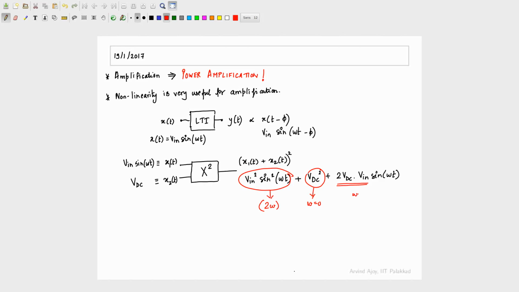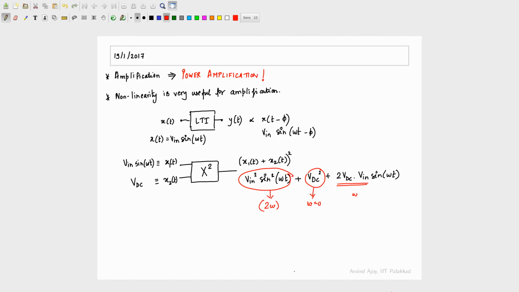You will notice that sine squared omega t can be converted into something at 2 omega, and then there is a term at omega equal to 0. And you do get a signal running at omega.